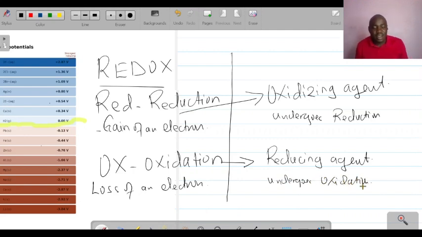So as a student, this is the simplest way in which you can know what is a reducing agent and what is an oxidizing agent. You just need to understand reduction goes with oxidizing agents, oxidation goes with reducing agents.